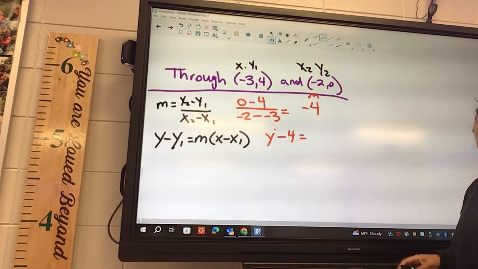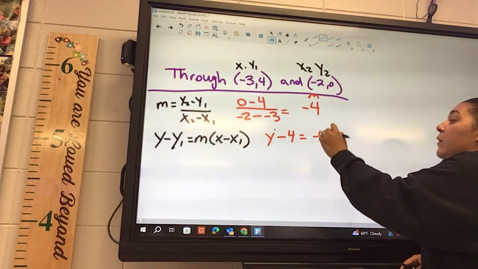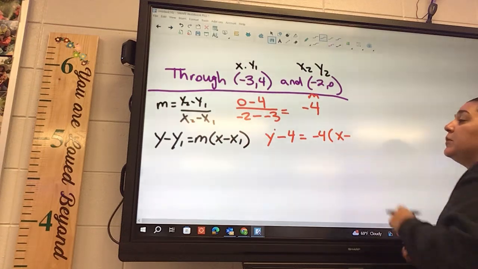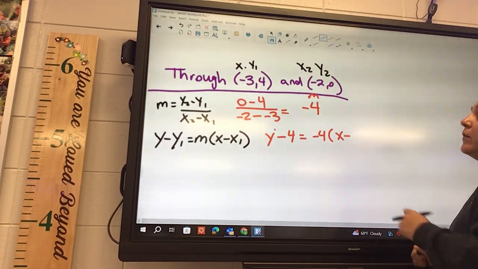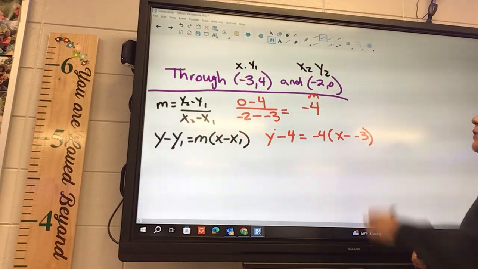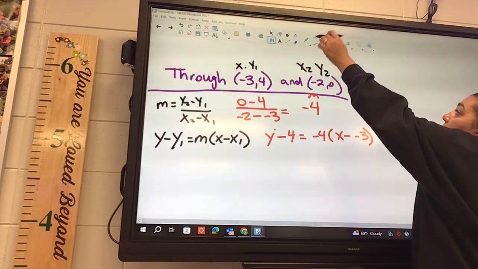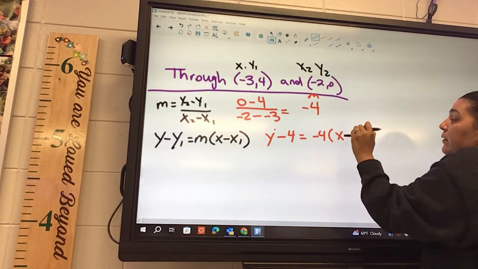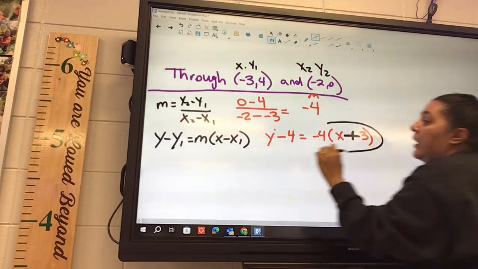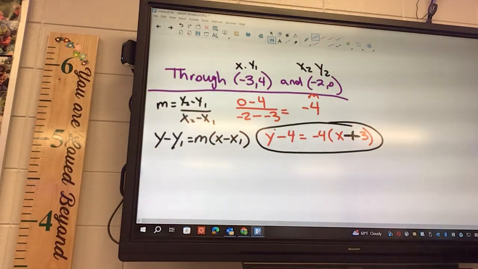What did I put for my m? Negative 4. x minus, what is my x1? Negative 3. And again, remember, see that minus minus? That becomes what? A plus. Okay, so right here, we've got to change it to a plus sign. Okay, and so this is our actual answer.